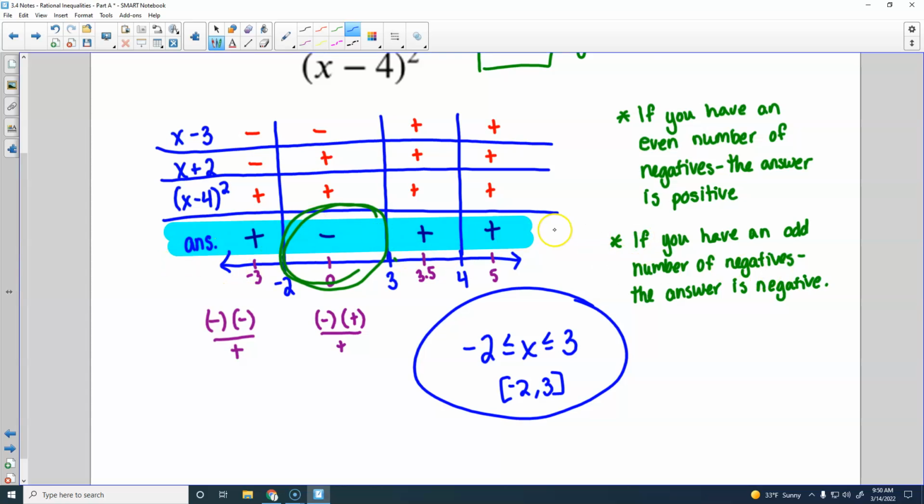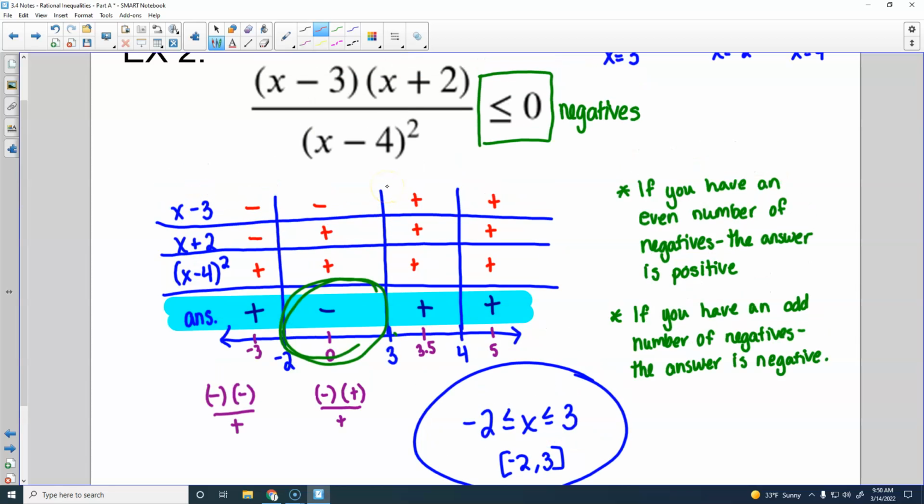You'll need this right here. You could just for each section, instead of doing the chart, plug in -3: -3 minus 3 times -3 plus 2 over -3 minus 4 squared.